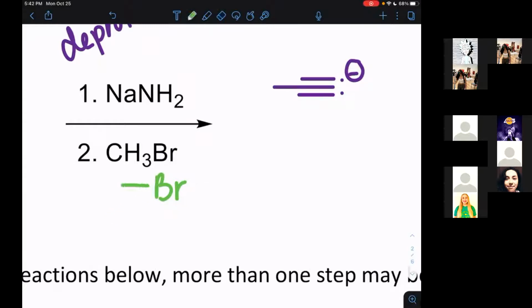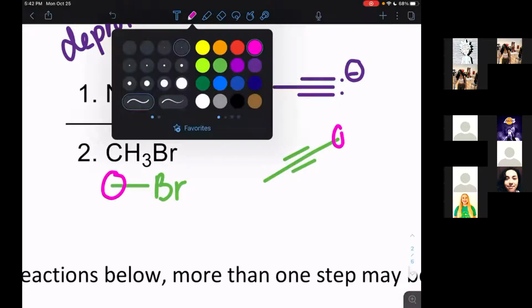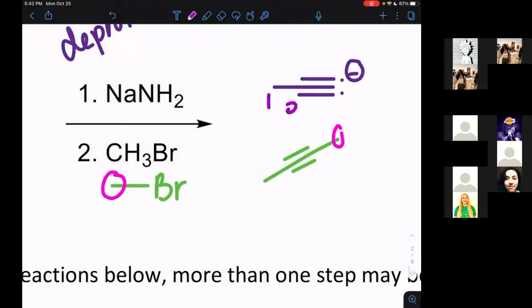Cool. Yes, I do that all the time. I hate those. Okay. I'm quite sure for this one. I just drew it slanted for reasons. It just adds this one carbon, I guess. Right. 1, 2, 3.